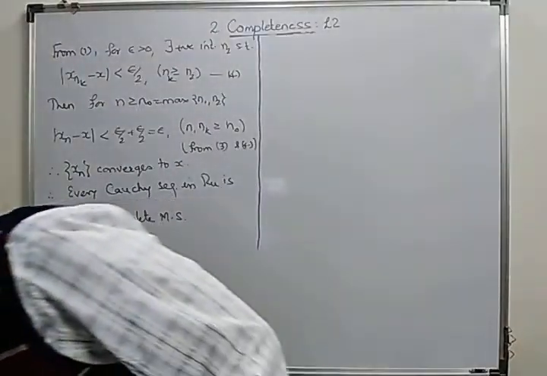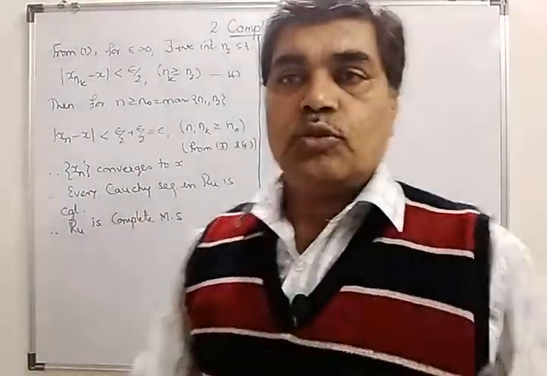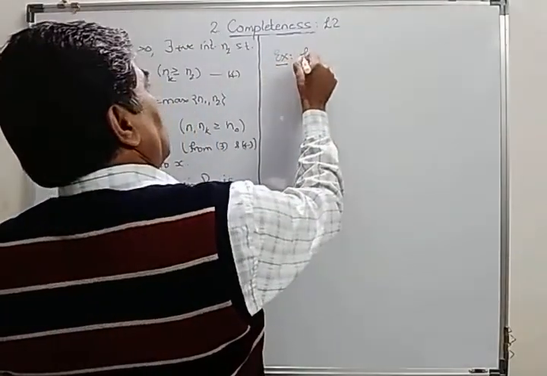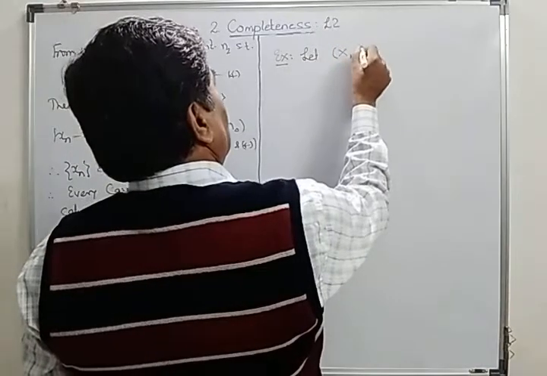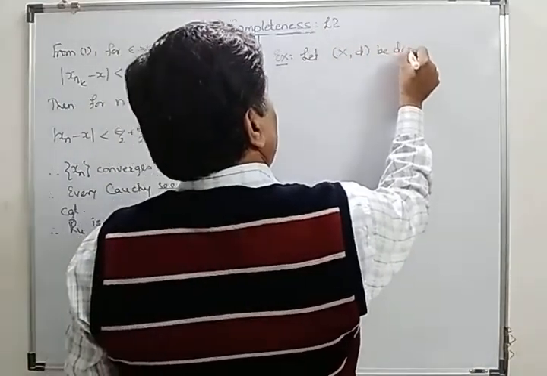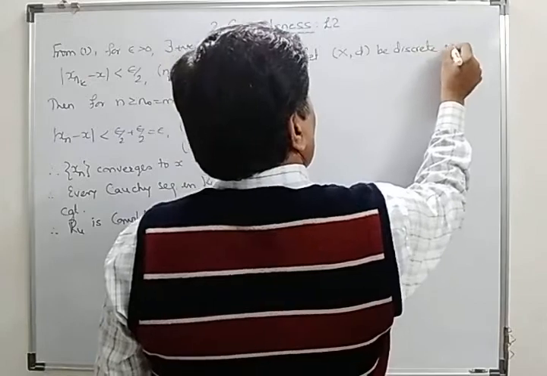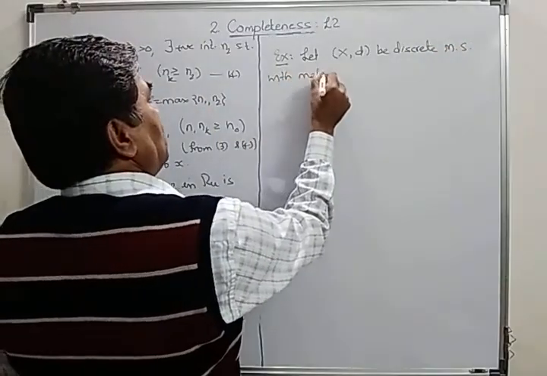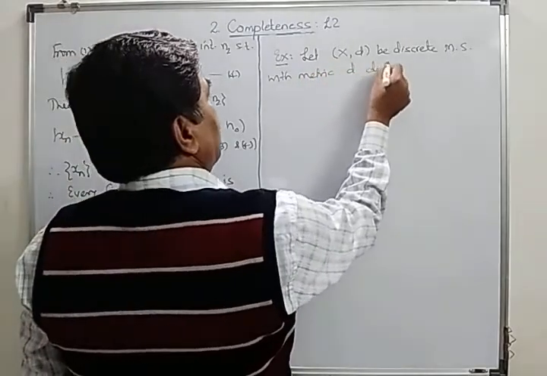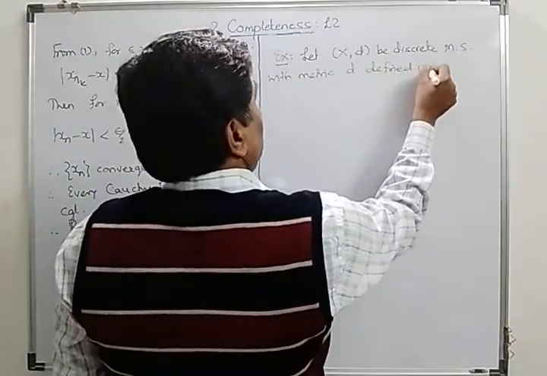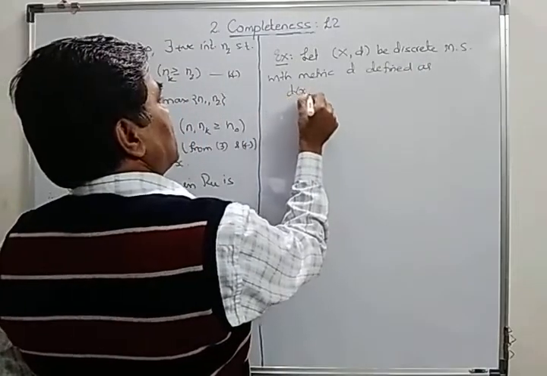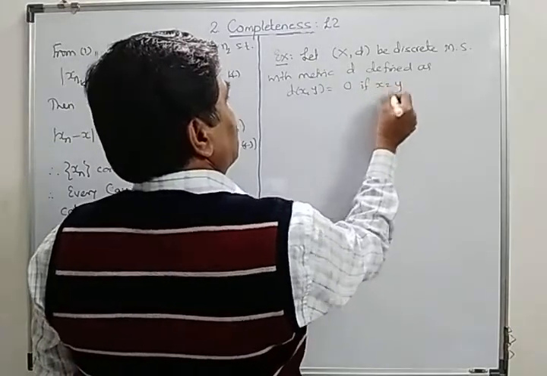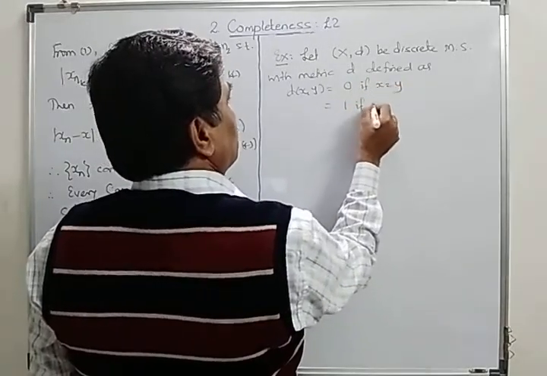So, next example: let (X, d) be a discrete metric space with metric d defined as d(x, y) = 0 if x = y and 1 if x is not equal to y.